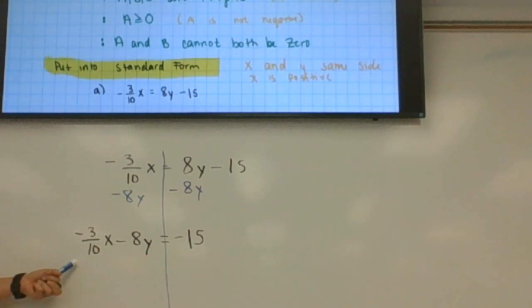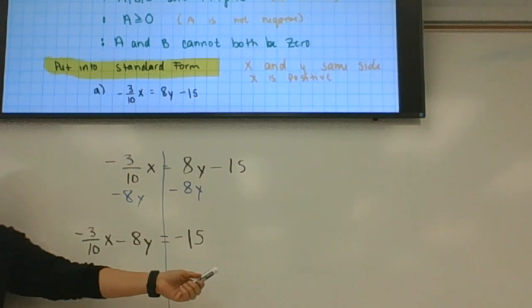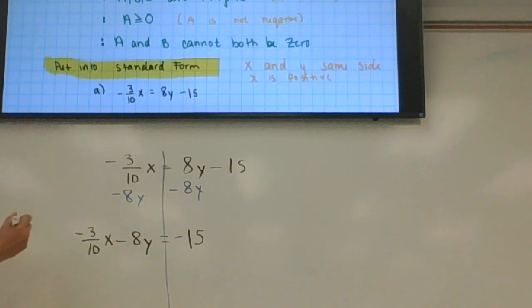So how can we get rid of this fraction here? Negative 10 is going to do everything we want in one step. So I'm going to multiply both sides by 10, and that's going to get rid of the fraction. And since I want this first value to be positive, multiplying both sides by negative 10 will make it positive.